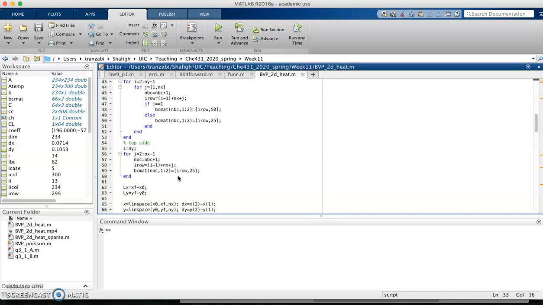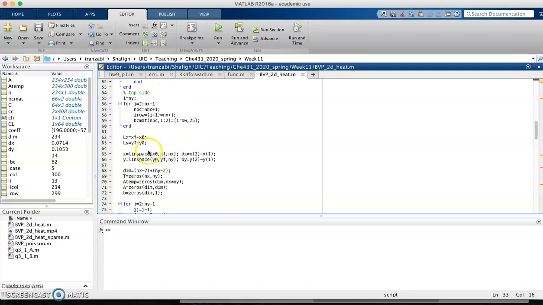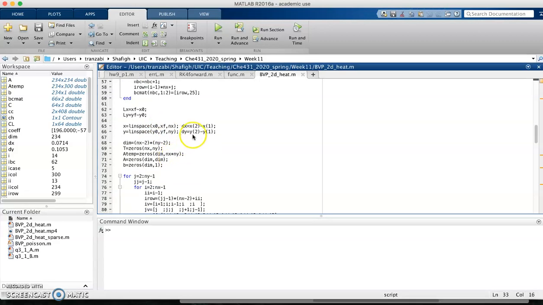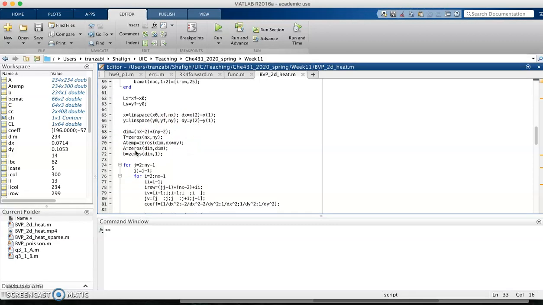So after we put all this into the matrix, BMAT, we create our x and y vector, going from the minimum to maximum x and y with the corresponding discretization. From here I calculate the dx and dy. Then the dimension for the A matrix is (nx minus 2) times (ny minus 2), because I'm not counting the boundary grid points.